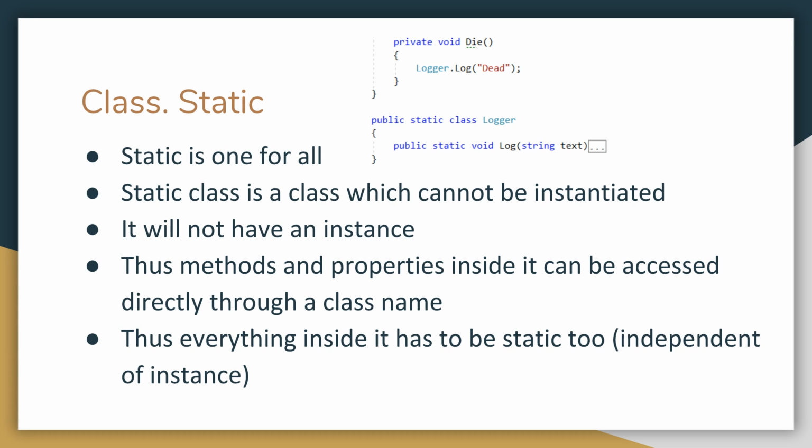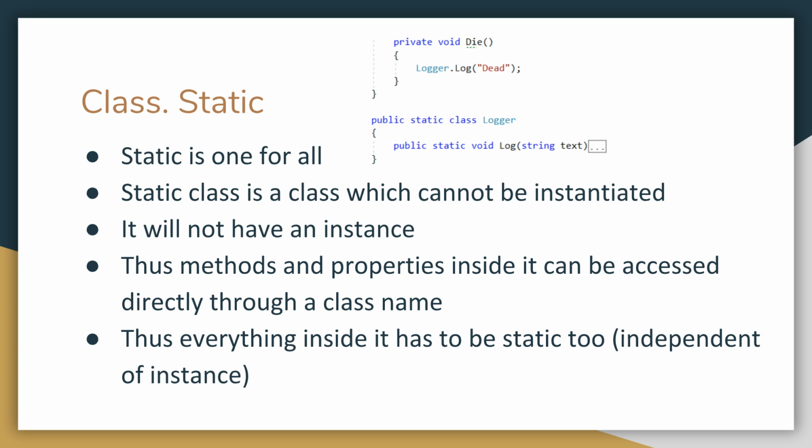As long as your program is alive, the static will remain. So it will not have an instance, and that's why you no longer need to create an object to access something that a static contains. A static class can be accessed directly.